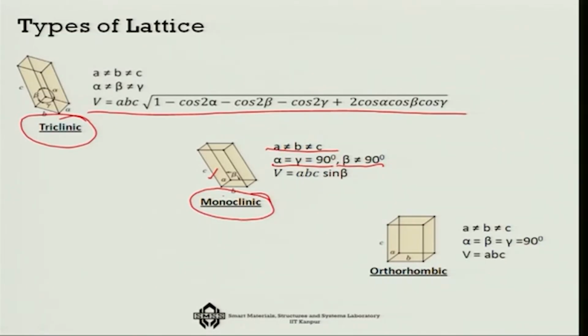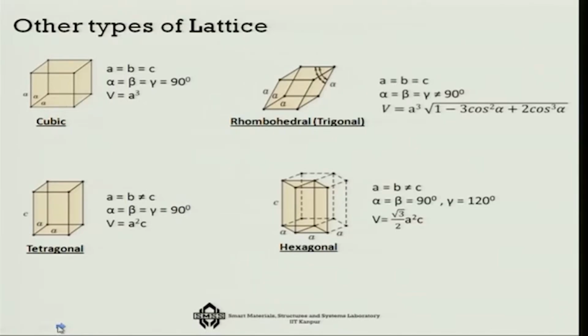Now, if alpha, beta, gamma are all 90 degrees, but still A, B, C are not equal, then you get a structure known as the orthorhombic structure. Gradually, we are introducing more and more symmetry into the parameters. So, what if A, B, C are all equal and alpha, beta, gamma are all 90 degrees? Then you get the simplest structure, called the cubic structure.